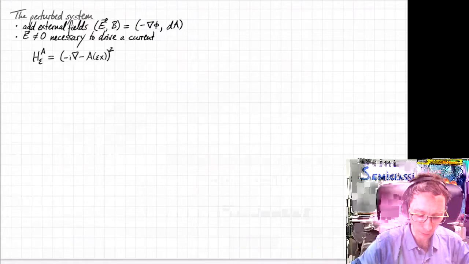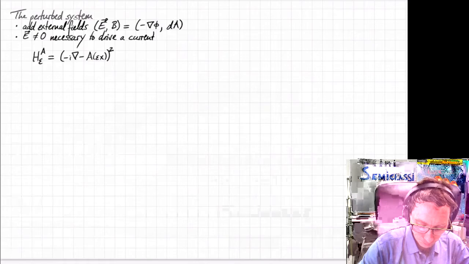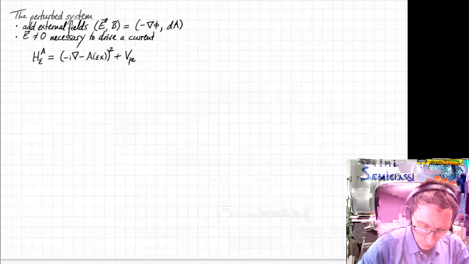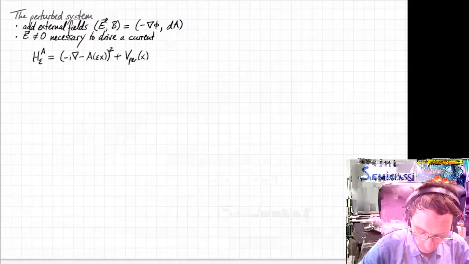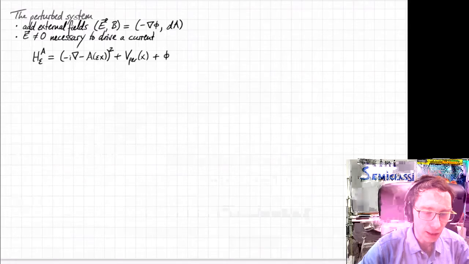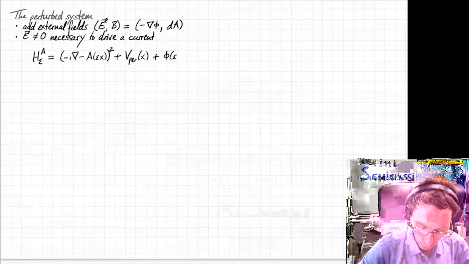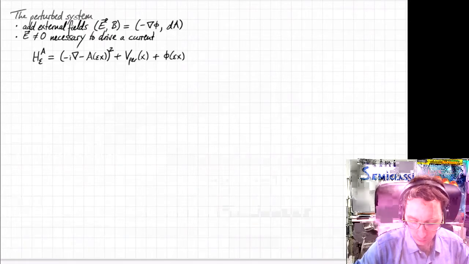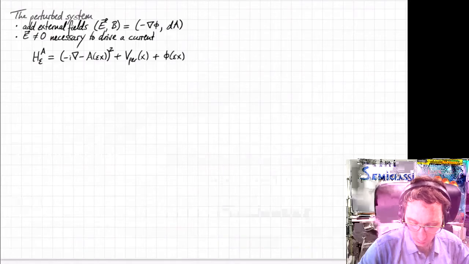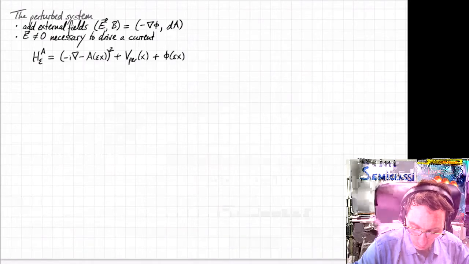So this was the picture that I had before. I have to add the periodic potential. And then I have to add the electrostatic potential, which again varies slowly. Let me dissect this again and be a little bit careful.